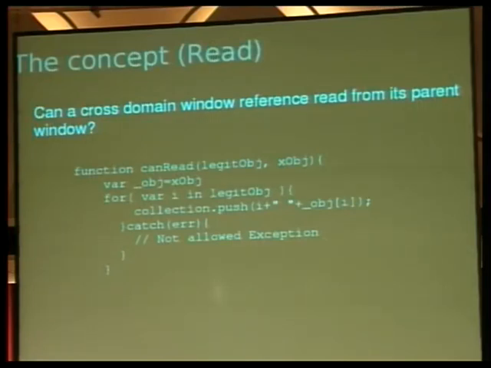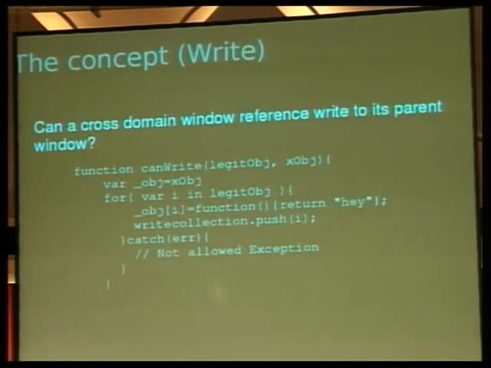It's just trying to get a reference in one of those ways, and trying to use methods like this in order to understand if there's an exception triggered or if it's allowed. The same for the write. So we try to write an object of another window, and if there's no exception, then you are probably going to be able to write it.